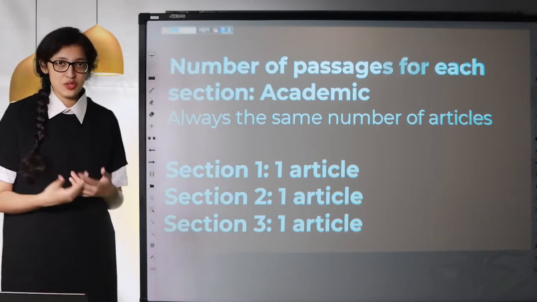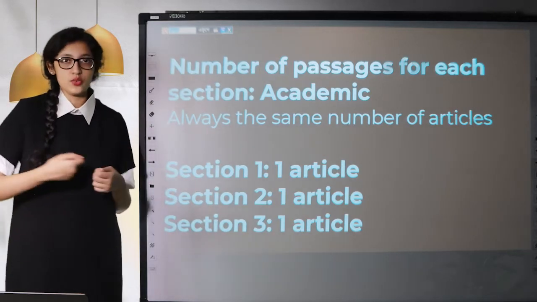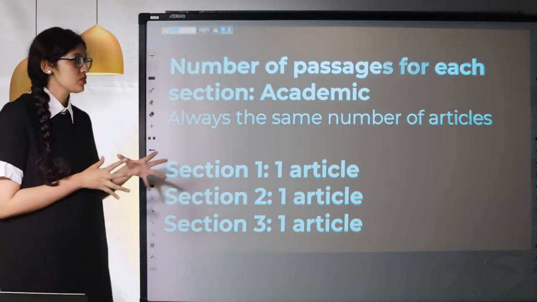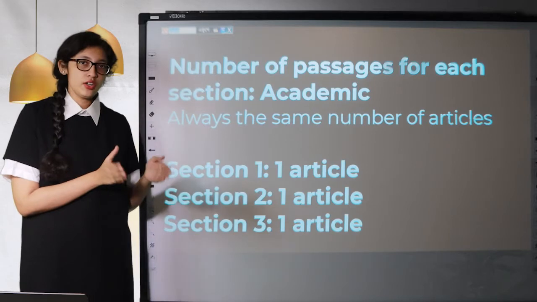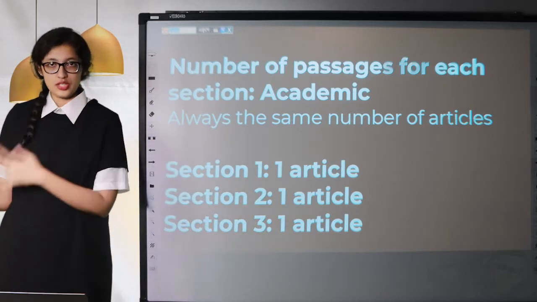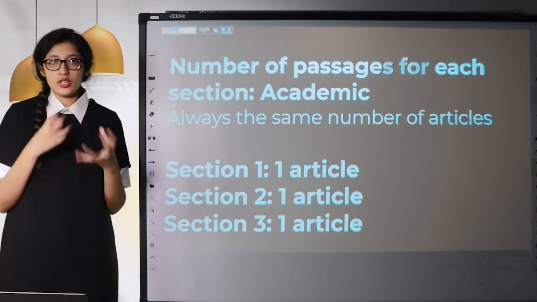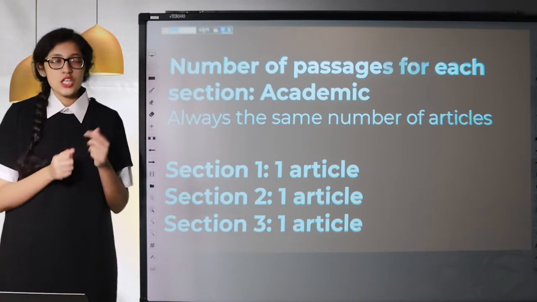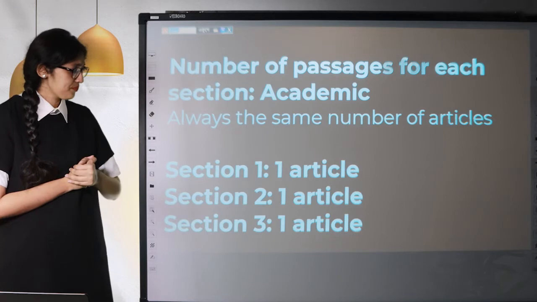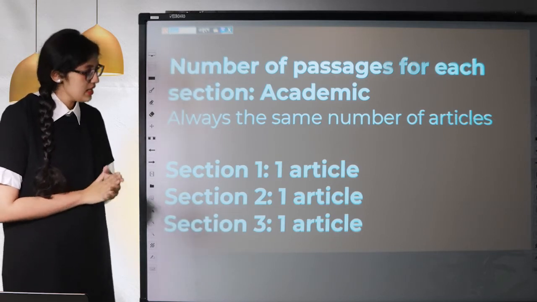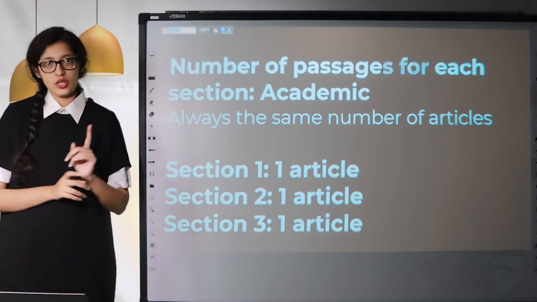I'm saying it's easier because that's what the students said: when they were sitting for the exam, they found that the section 1 article was easier than sections 2 and 3. Sections 2 and 3 had more complex words, and the questions were a little bit more tricky. That's something a lot of people say. But for each section, there's just one article.